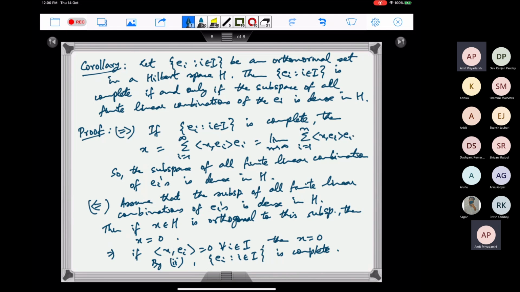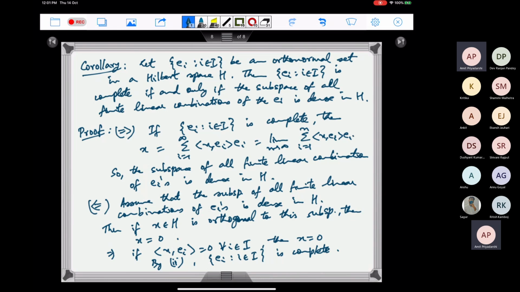Okay, so I don't have time. The next theorem I'll do next time. If we have any separable Hilbert space, then it will have a countable orthonormal basis, and the converse is also true. So a Hilbert space is separable if and only if it has a countable orthonormal basis.